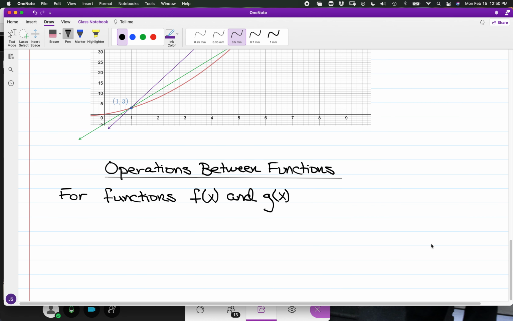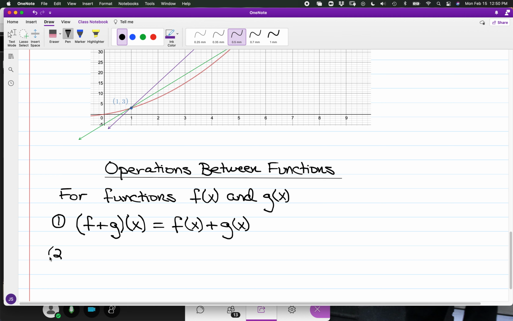To show you the coding that is done, we have what's referred to as the sum function. In shorthand, f plus g of x translates to taking the sum of f of x and g of x. You would have the arrangement of the functions in the order that they appear. If I had g plus f of x, I would have g of x plus f of x.